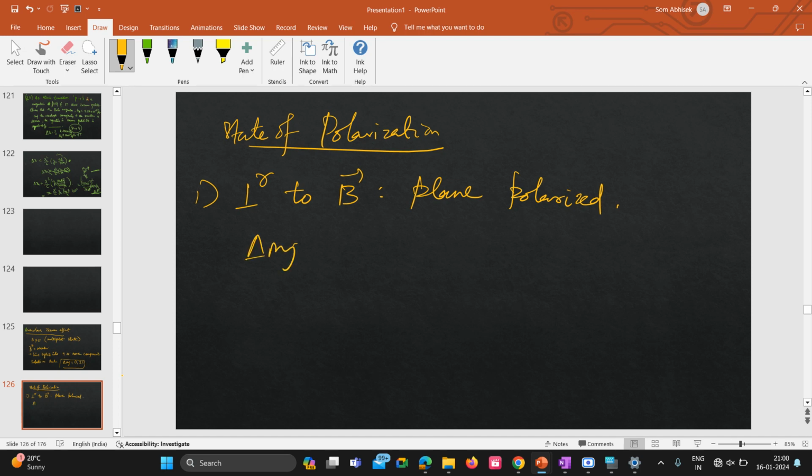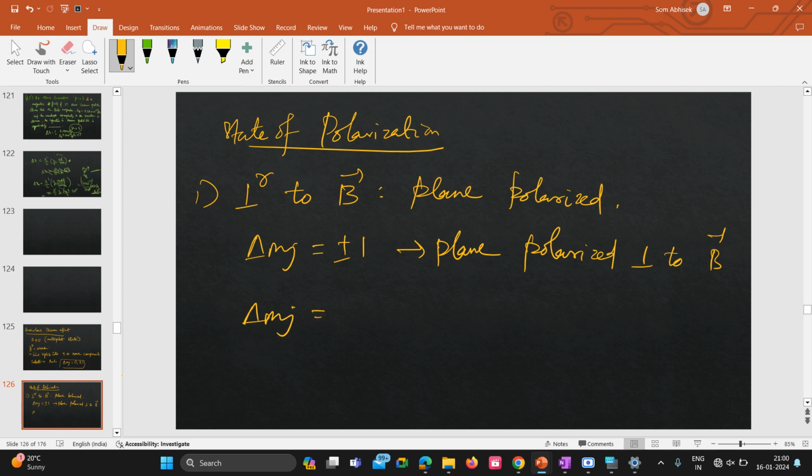Here del Mj is equal to plus or minus 1. For del Mj is equal to 0, that is also plane polarized, and this is parallel to B. Okay, these ones we have to remember.